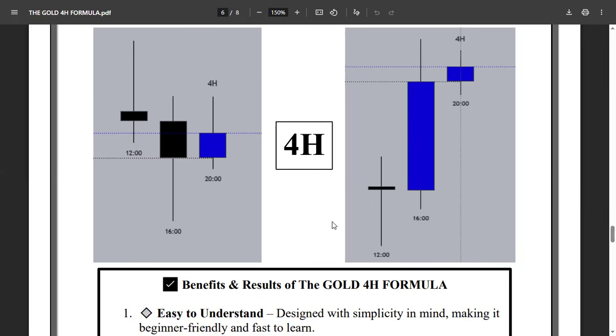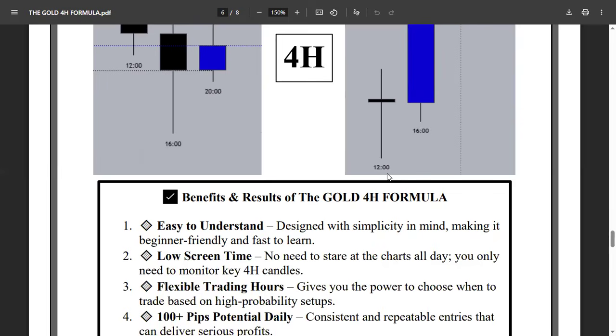So sometimes I trade 3 times, sometimes I just trade 2 times. That's all. So you can also choose which 4-hour you need to trade.